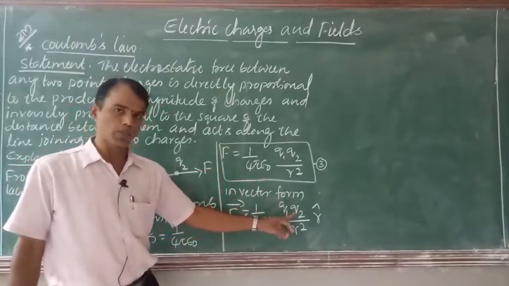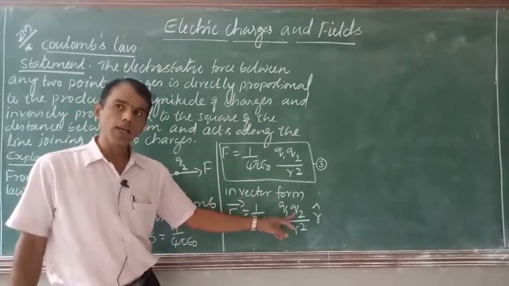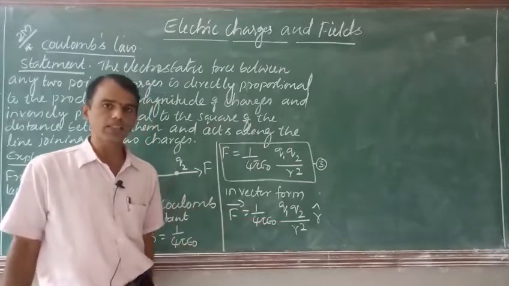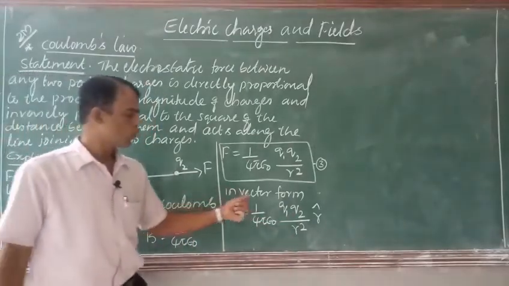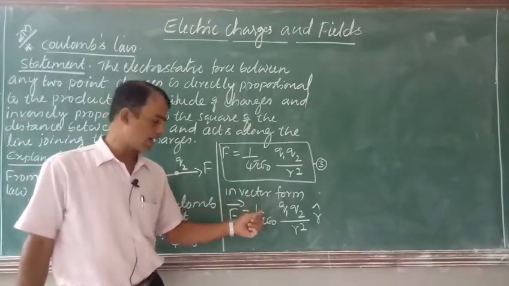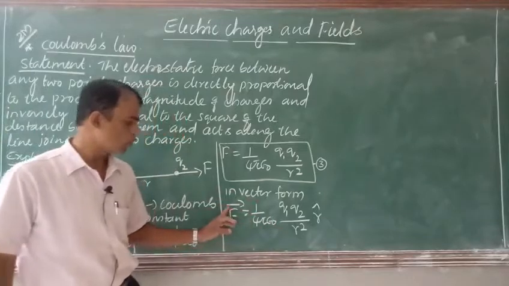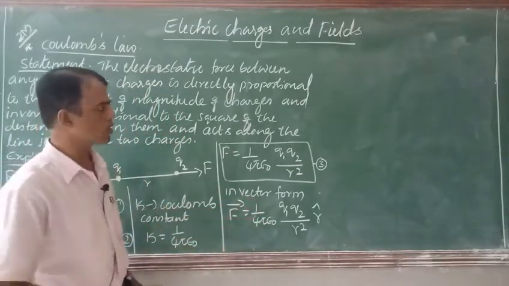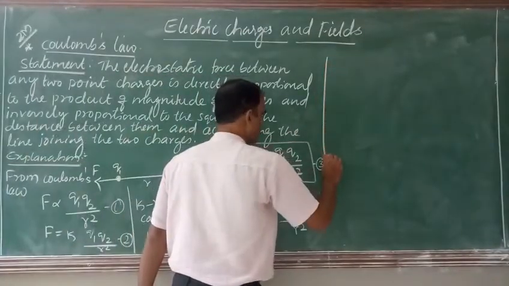It is better to explain what Q1 and Q2 are, where Q1 and Q2 are the magnitude of charges and r is the distance between the charges.